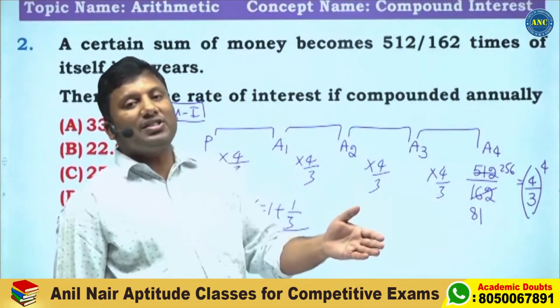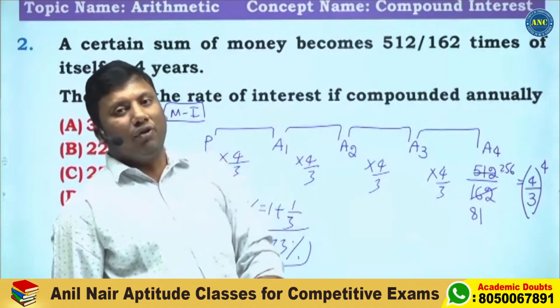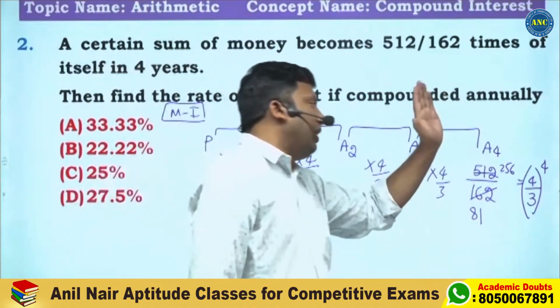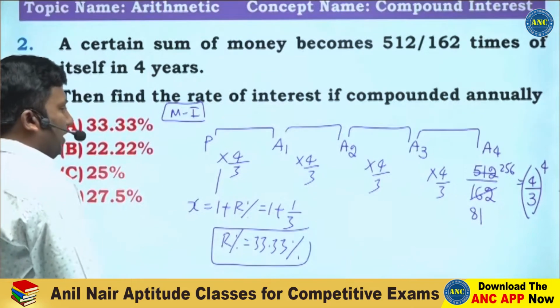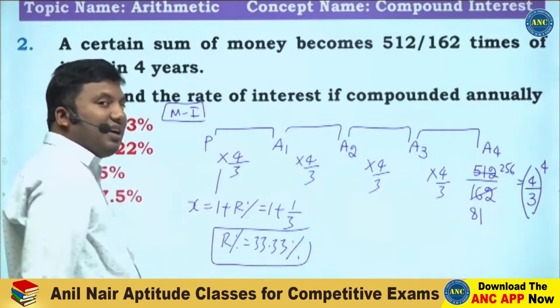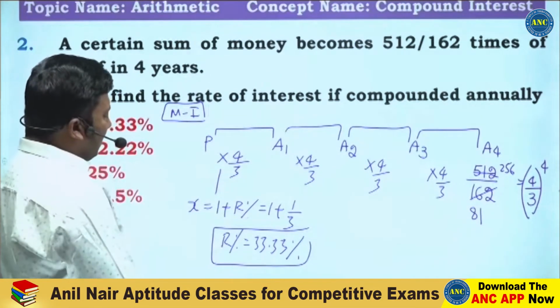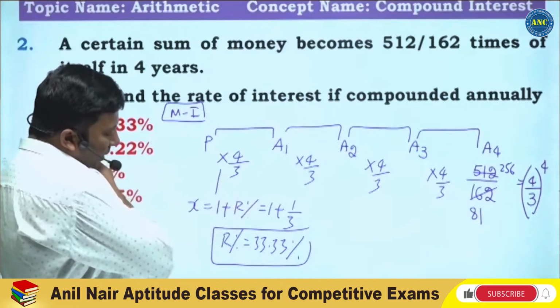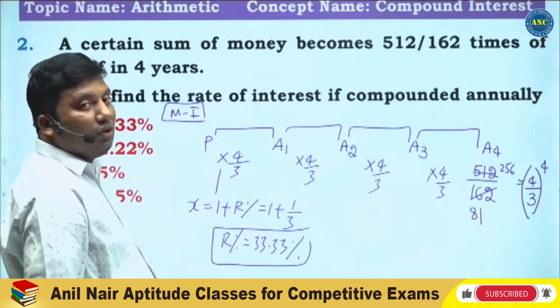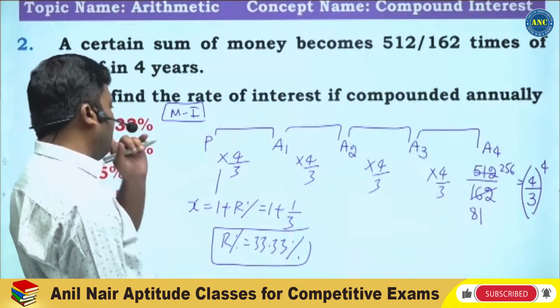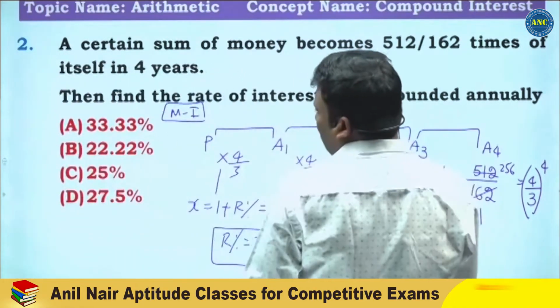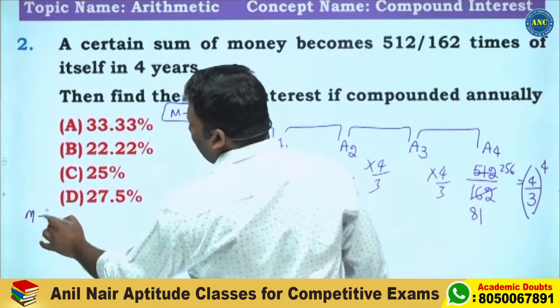So every year the multiplication factor is 4 by 3. The multiplication factor is given by 1 plus R percentage. R percentage is 1 by 3, so the R percentage value will be 33.33.